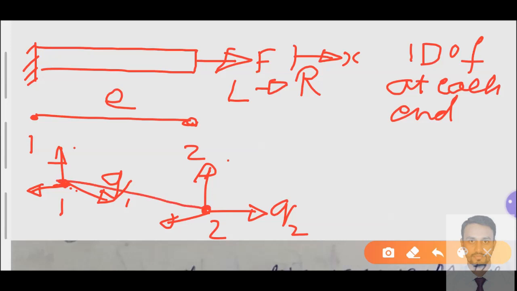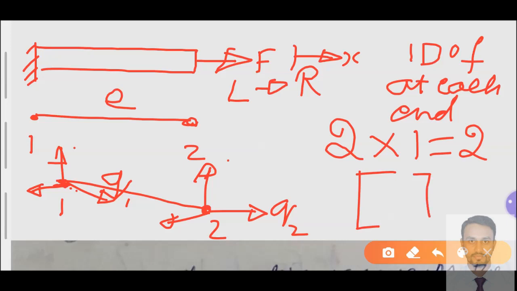This is an element, right? So then what we have, 2 nodes into 1 degree of freedom is equal to 2. The matrix is a 2 cross 2 matrix. Similarly, we have the 2 degrees of freedom at each node.